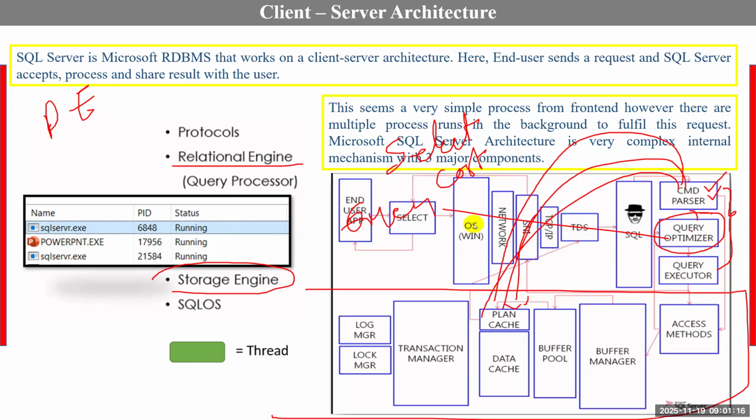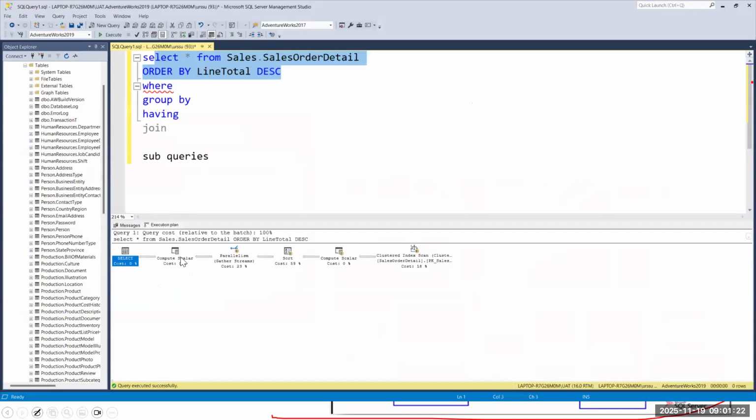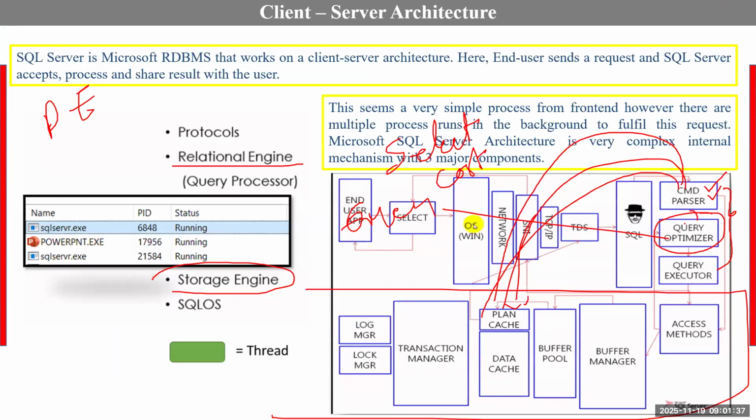Your query optimizer will prepare the execution plan. This is the plan that got prepared, with this many operators, the cost of each operator and the overall cost of the query. Your optimizer will estimate and prepare one plan.